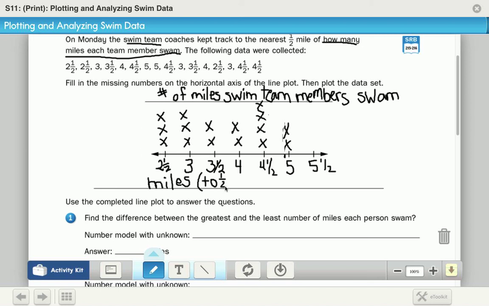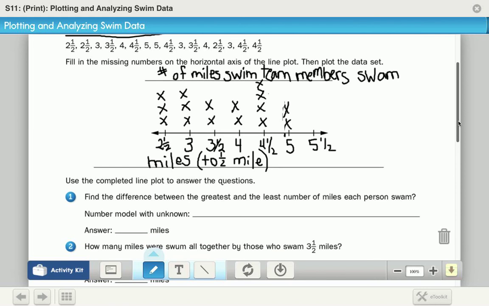Because miles is a measurement. It's not like we're measuring feet or yards or anything else. Miles is also a measurement. So I don't have to say they're swimming again because I said that up here. So all I have to do is say what I measured in and then what unit. So the units are half miles.